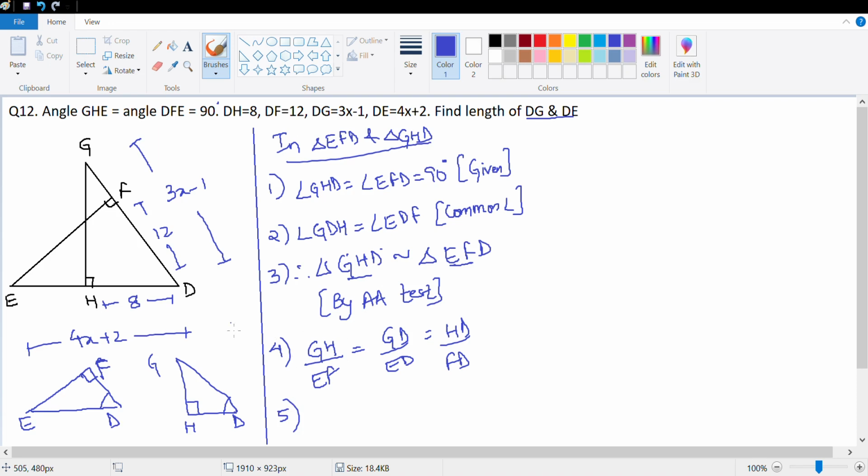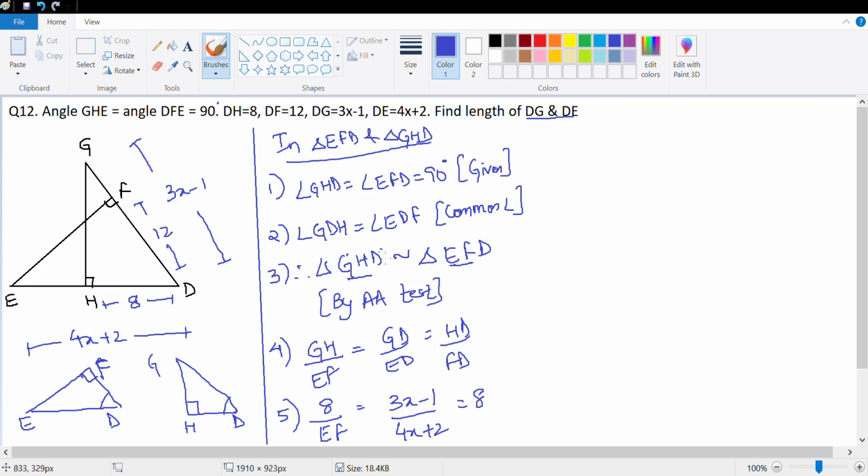GH upon EF, not given, is equal to GD, which is 3x minus 1, upon ED, which is 4x plus 2, equal to HD, which is 8.